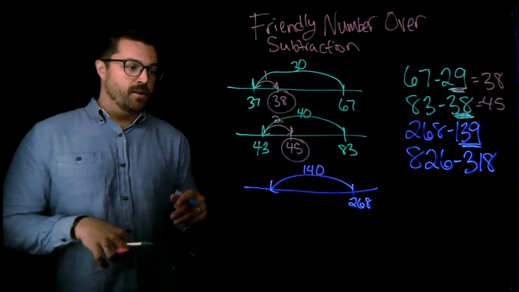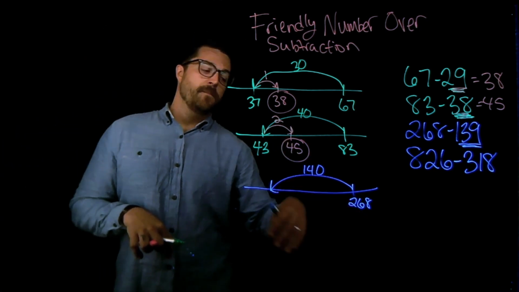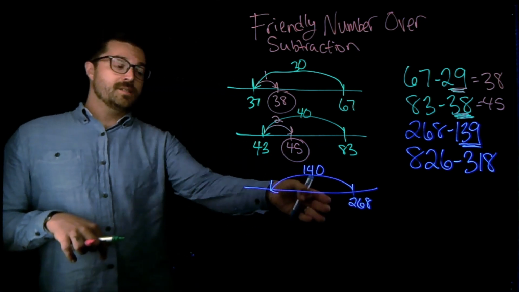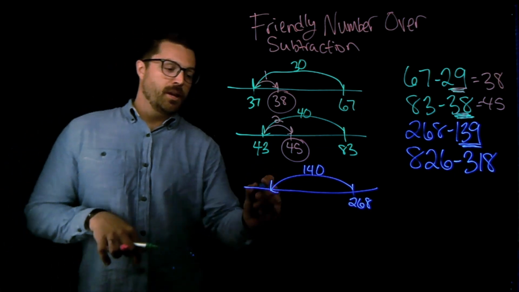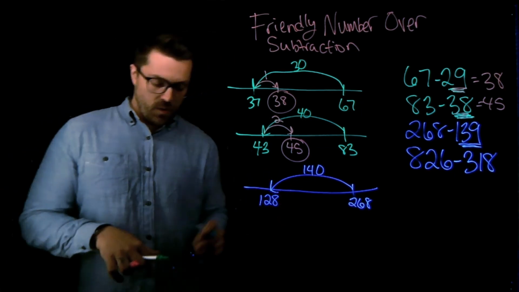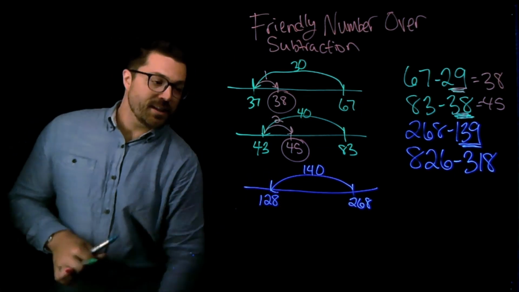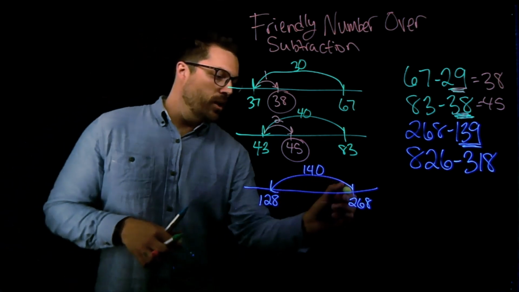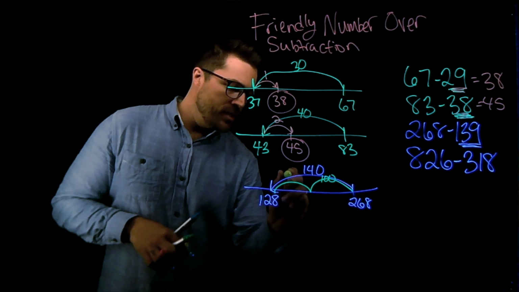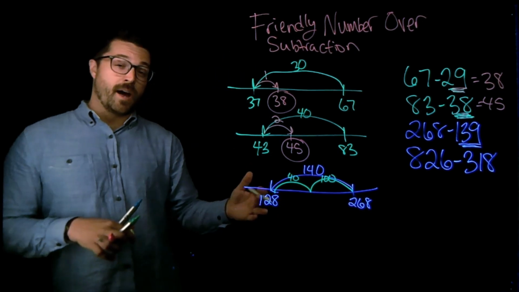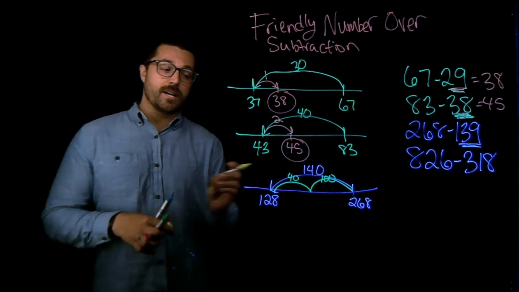If I remove 100, that gives me 168. If I remove the other 40, that gives me 128. We could have represented it that way, first taking away 100 and then taking away 40, showing that in 2 steps as we were reasoning.